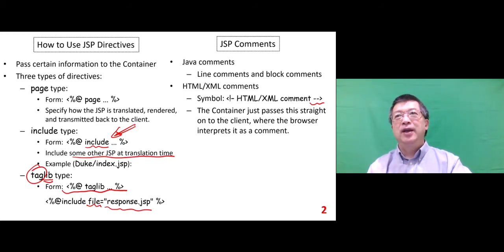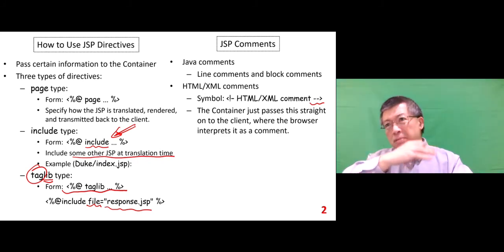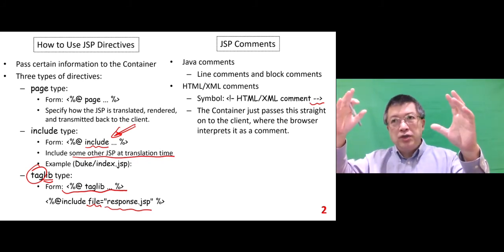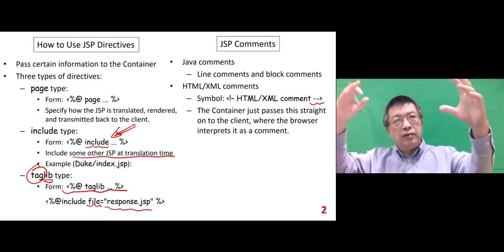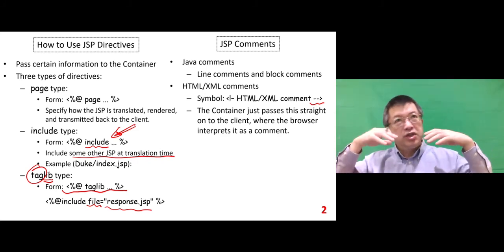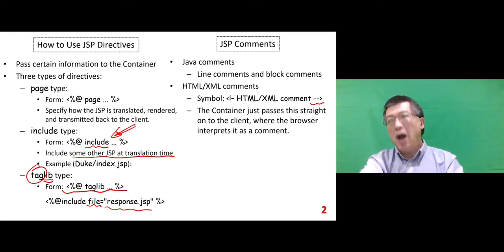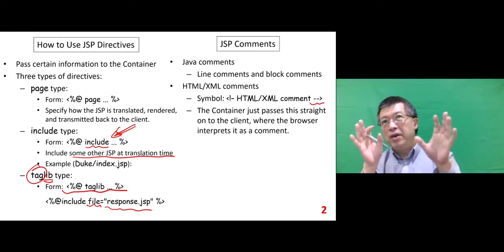Here it says the container just passes the whole message straight, does not change anything, just sends it to the client. So the browser can interpret. That's the typical situation.